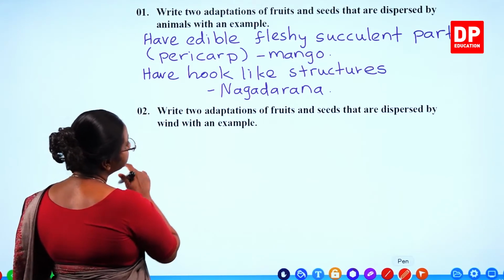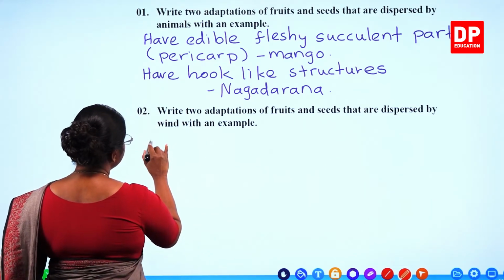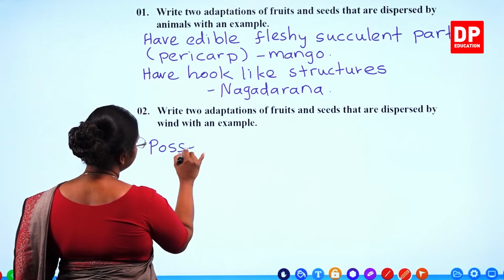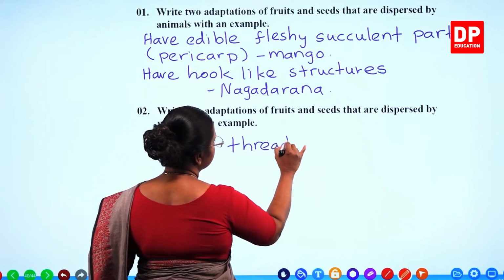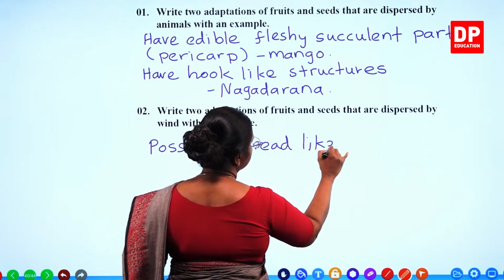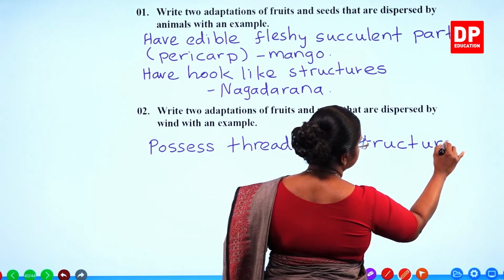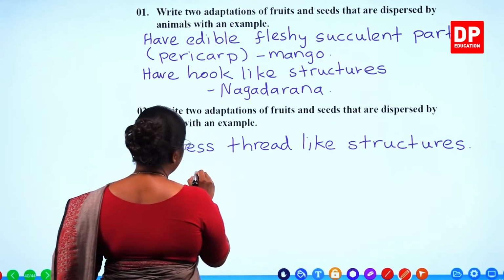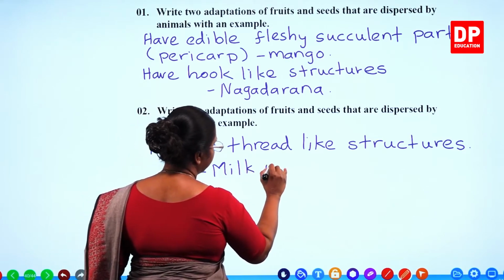So here, if we write 2 adaptations, possess thread-like structures, as example, I will write milkweed.